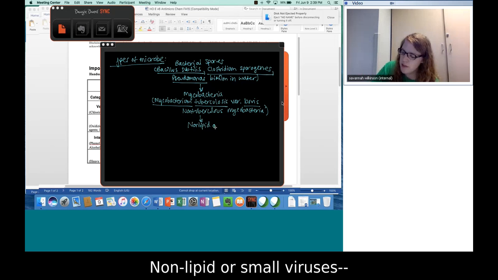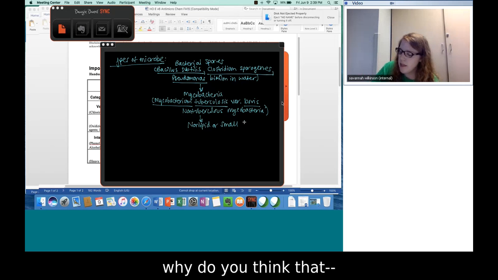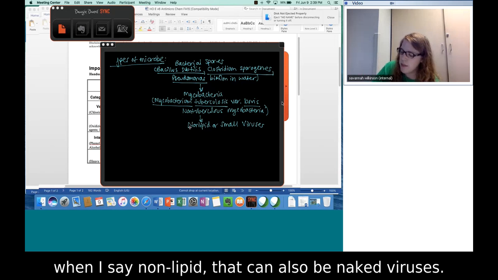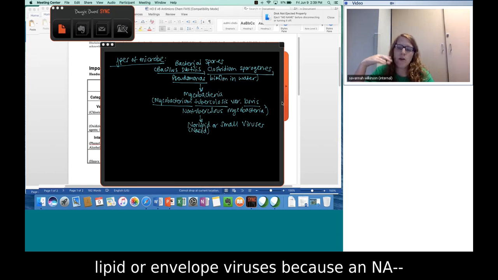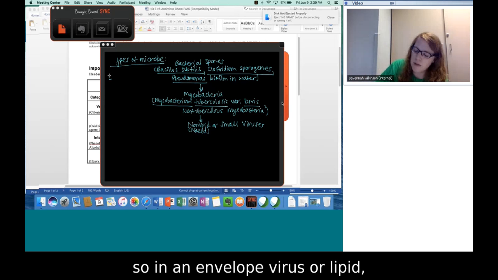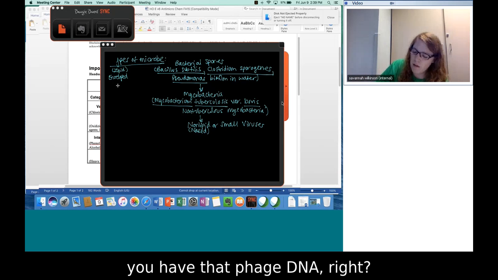Non-lipid or small viruses. Why do you think that whenever I say non-lipid, that could also be naked viruses? Non-lipid or naked viruses are more difficult to kill than lipid or envelope viruses because in an envelope virus, you have that phage DNA, right?